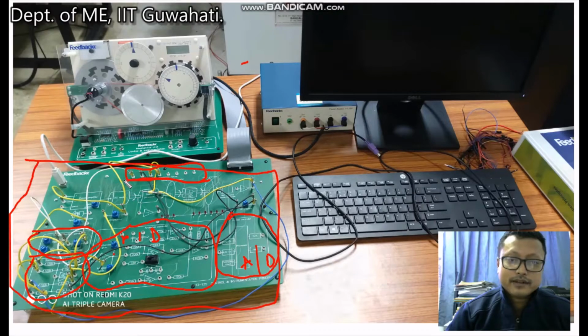If you want an external CRO or multimeter, you can also connect it to this workboard and get the result accordingly. Then this is the supply of voltage and encoder input you can give from this workboard to the equipment.